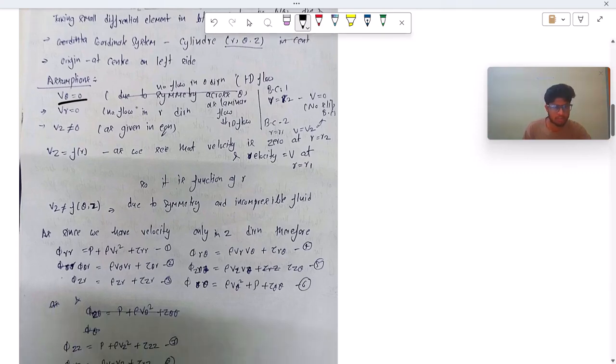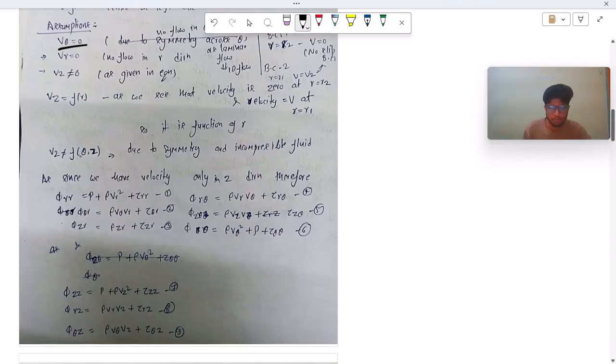So we have v theta equal to 0 and Vr equal to 0 as we have 1D flow, and Vz is not equal to 0 as given in the question. As Vz is not 0, it may vary in some directions. Let's say it varies in r, theta and z directions.